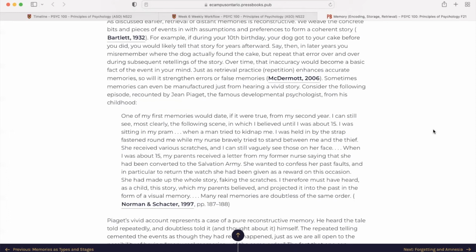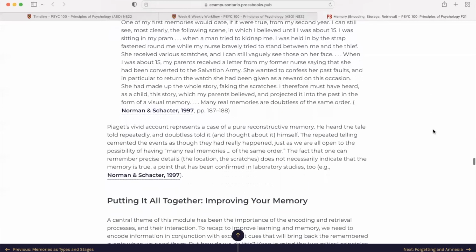Isn't that fascinating? So from the age of 2 until he was 15, he believed this was true fact. Piaget's vivid account represents a case of pure reconstructive memory. He heard the tale told repeatedly and doubtlessly told it and thought about it himself.